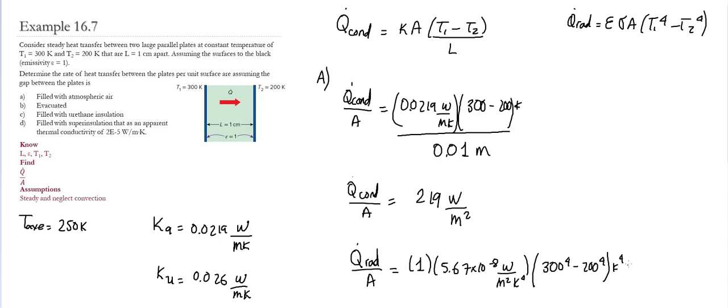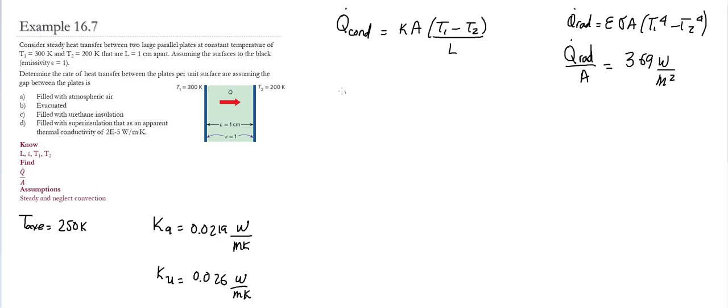So we see that this becomes 369 watts per meter squared. So for case A, we see that the total value is going to be the addition of these two quantities. Therefore, the total value, Q total for part A, is going to be equal to 588 watts per meter squared.